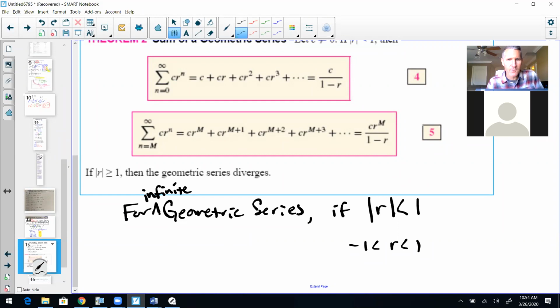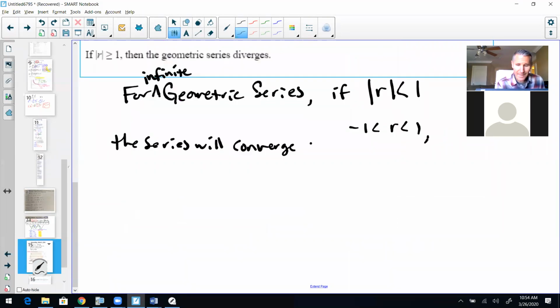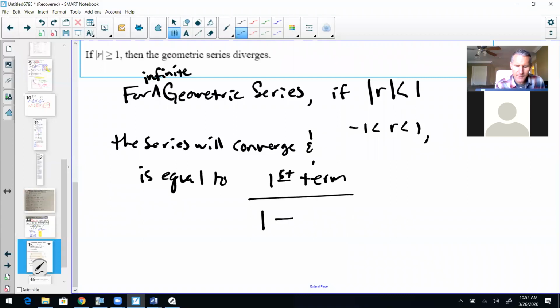That just means r is in between -1 and 1. Then the series will converge and is equal to, and it's always the first term divided by 1 minus the common ratio.